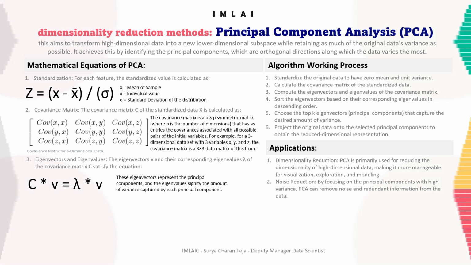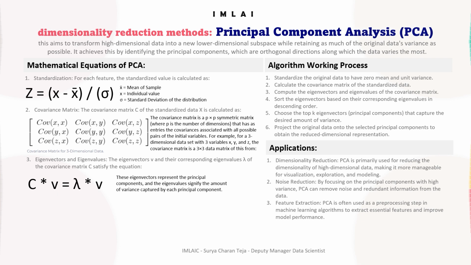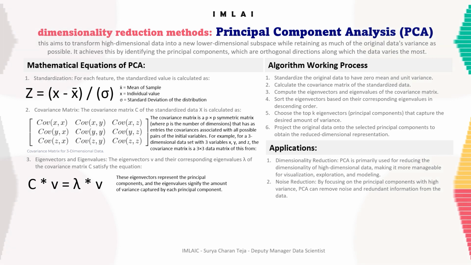It helps visualize clusters, patterns, and relationships in lower dimensional space. And then the last one is feature extraction. PCA is often used as a pre-processing step in machine learning algorithms to extract essential features and improve model performance.